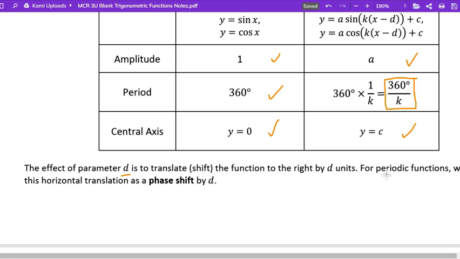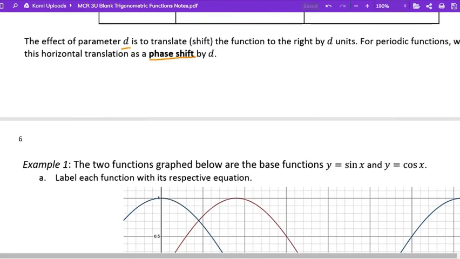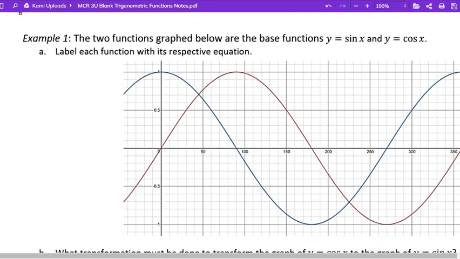Because we have a periodic function, the phase shift is not just for a sine or cosine function, it's for any periodic function. For periodic functions, we call it a phase shift instead of a horizontal translation. Lots of new words. So let's look at an example.